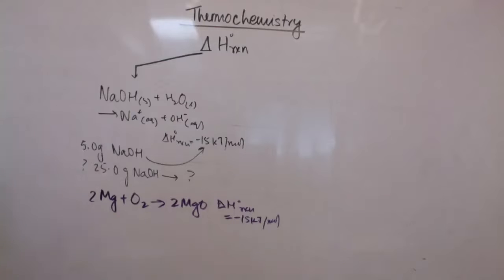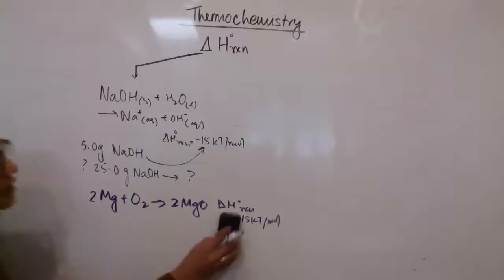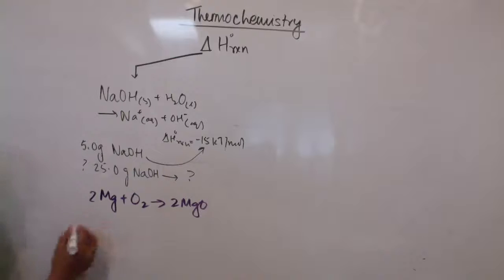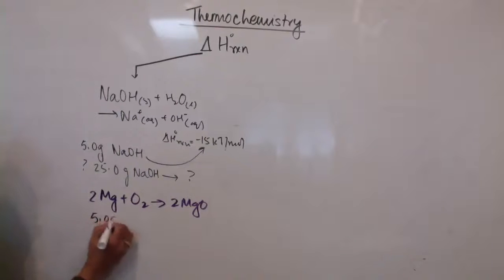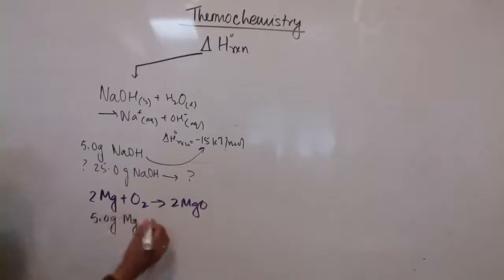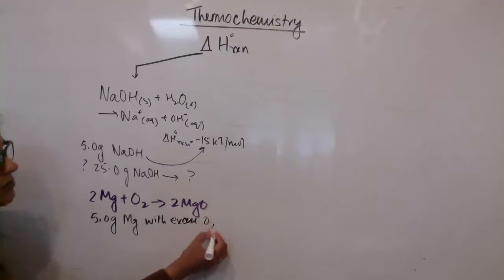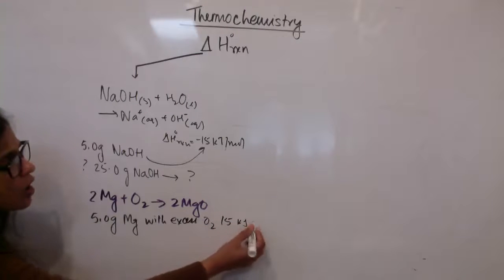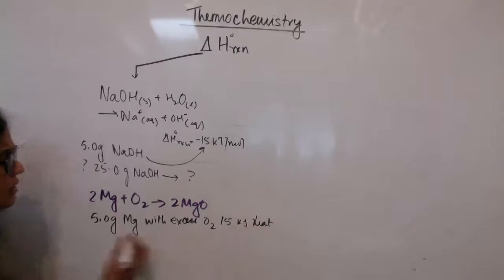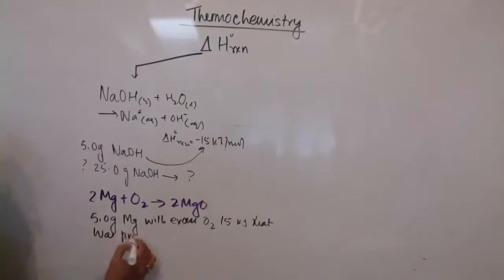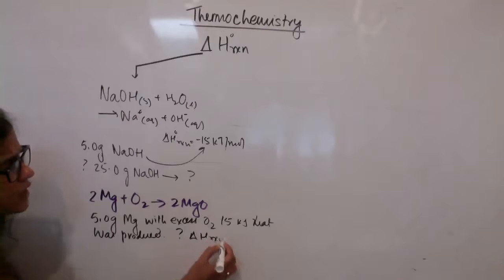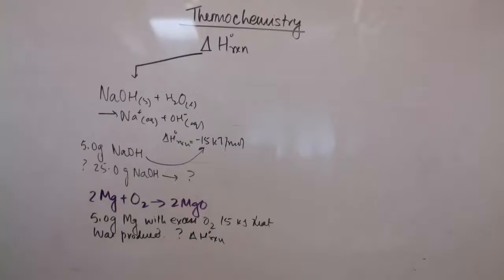It's a big, long problem, but a part of that problem will say, or they may not give this here, they may say when 5 grams of magnesium were reacted with excess oxygen, 15 kilojoule of heat was produced. And then they may ask you, what is the delta H reaction for the above reaction?